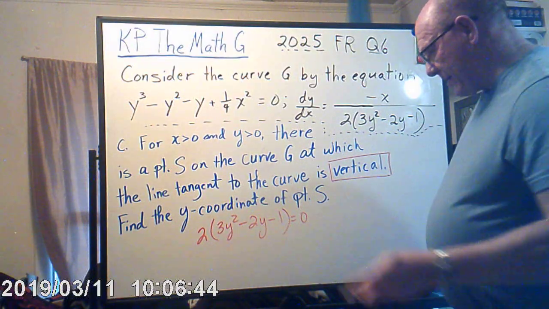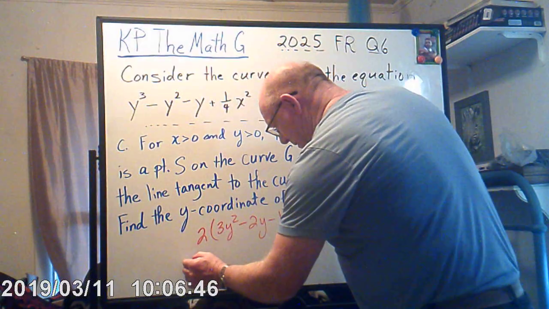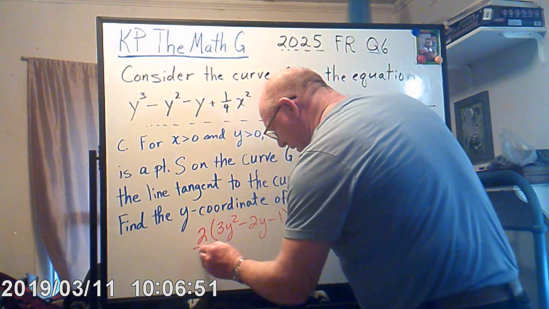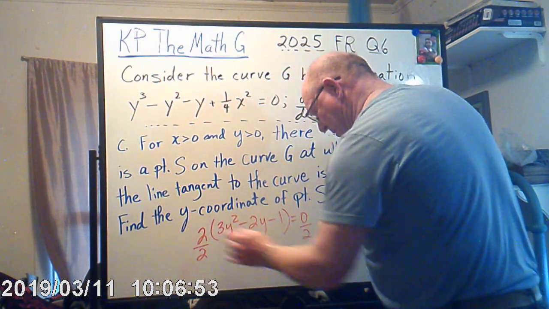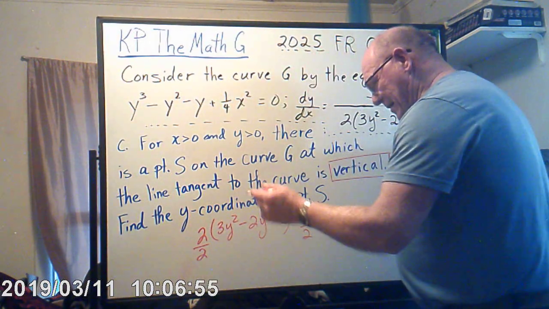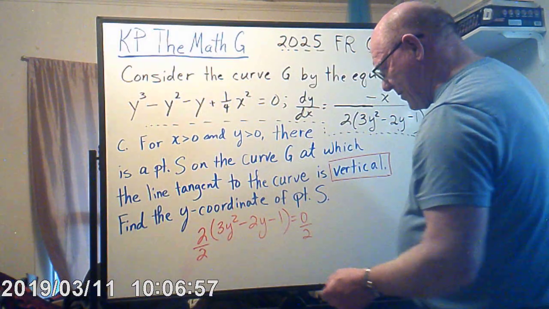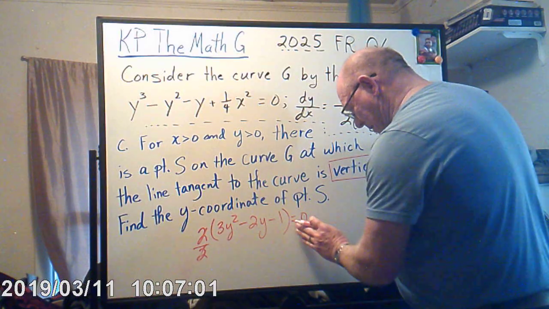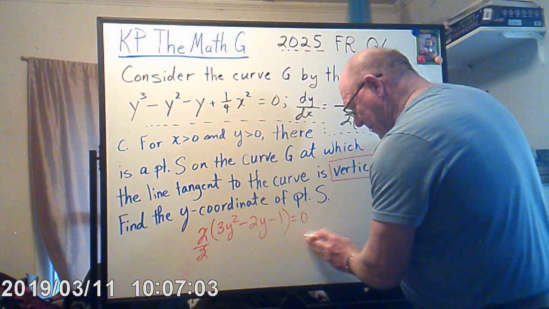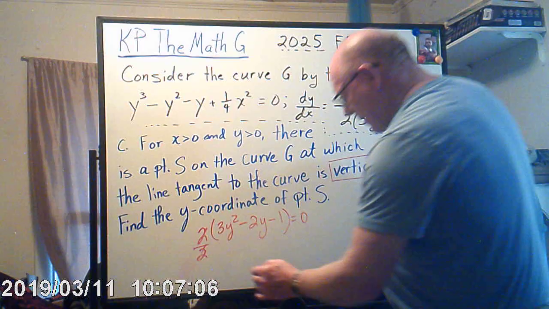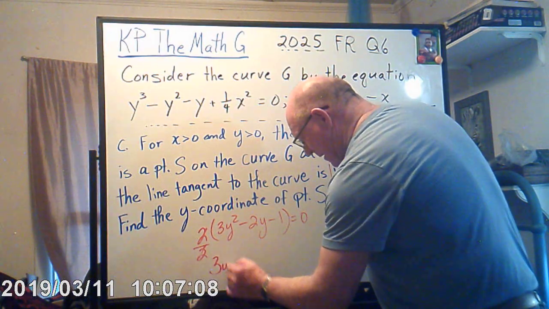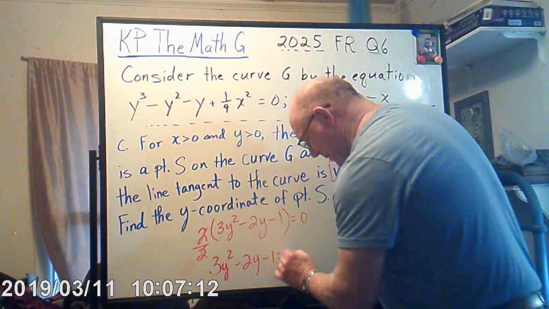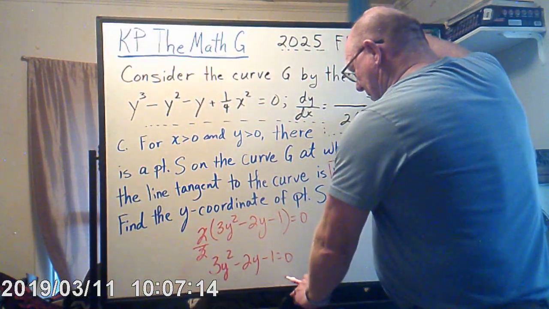We can divide by 2, can't we? You don't have to multiply this by 2. That's just going to complicate things. So this cancels out, and 0 over 2 is 0. So what we have now is 3y squared minus 2y minus 1 equals 0. Let's turn this over. 3y squared.